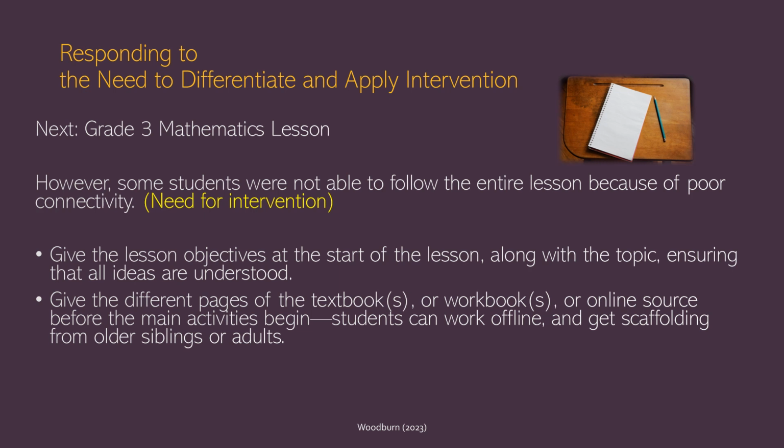So in this case, it could have been done before, based on the experience of the teacher, that an online lesson can get disrupted. The teacher can give these things before. But if this happens during the lesson, the teacher can plan to do it at the next lesson.